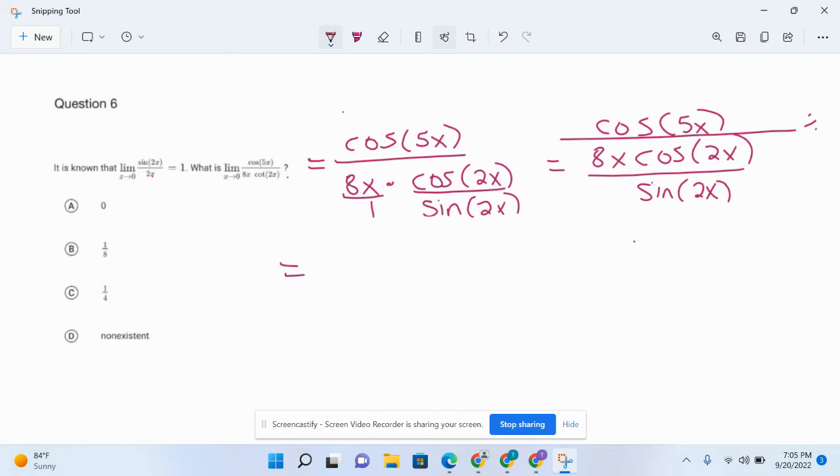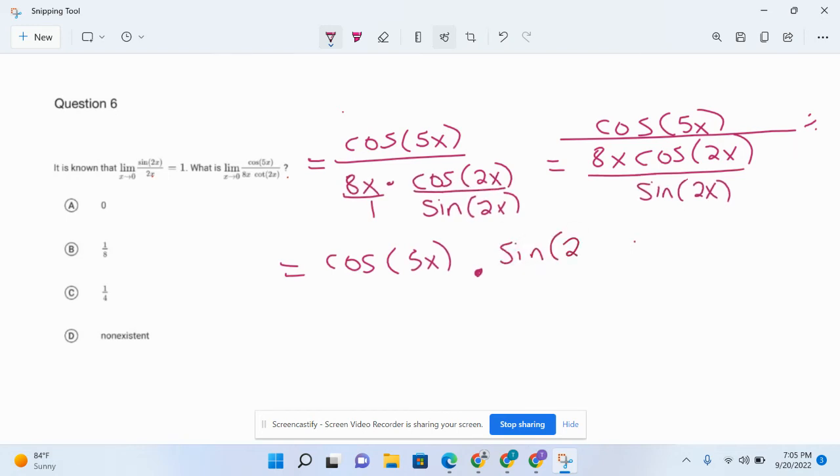So I write down cosine of 5x as the top, and then instead of a division sign, I write a multiplication symbol and flip that fraction over.